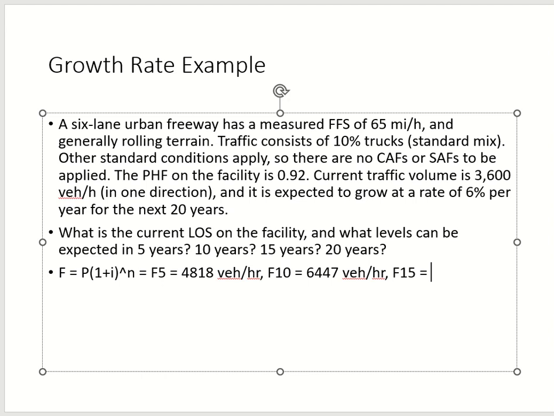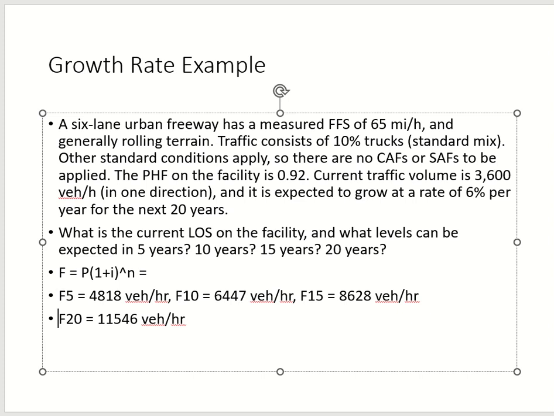F15: 8628. F20: 11546. Any problem till here? Clear?